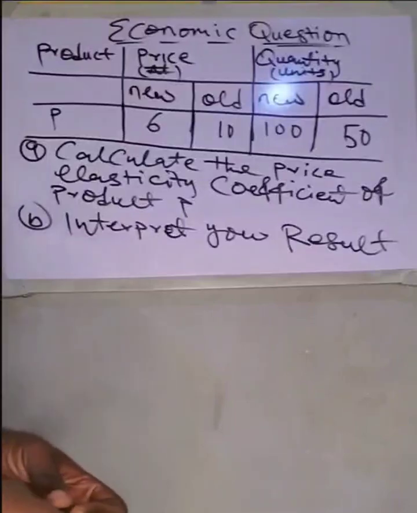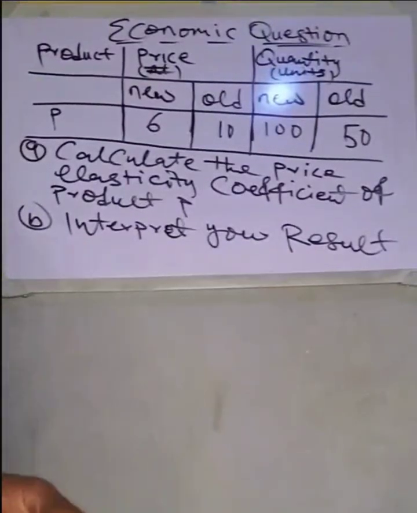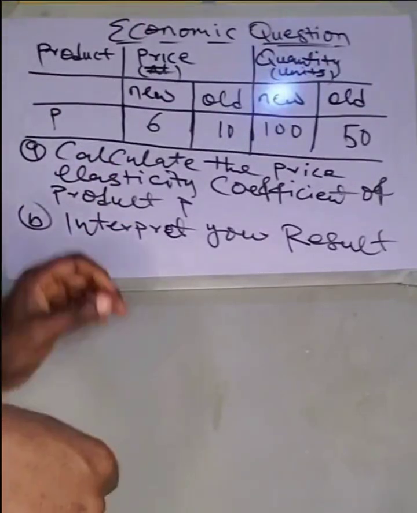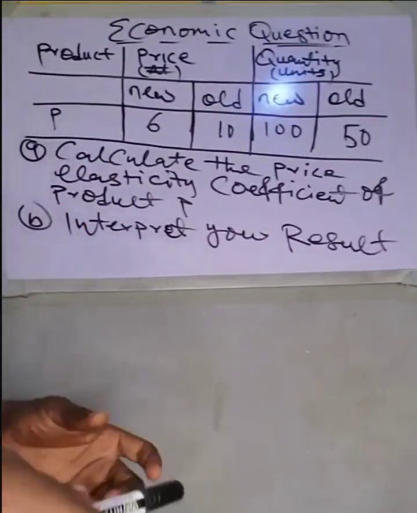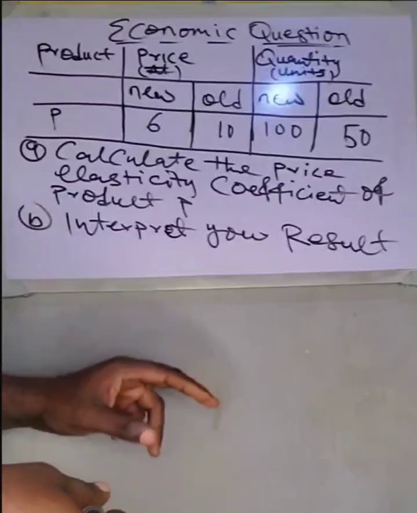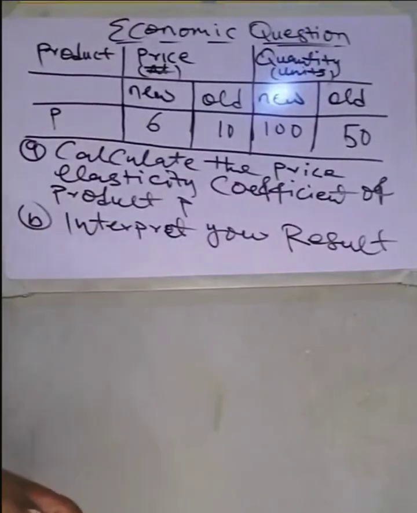And understand how to interpret your result. It is very, very important to understand this. How to clear the question, understand where the question is coming from, and also understand how to interpret your result.